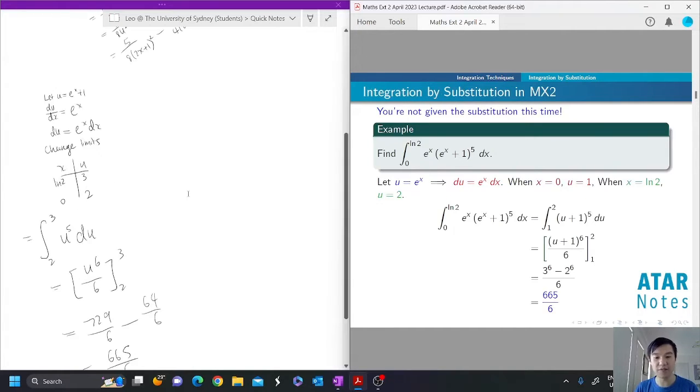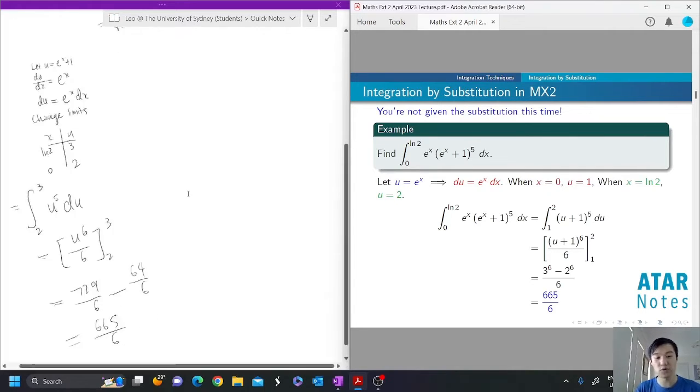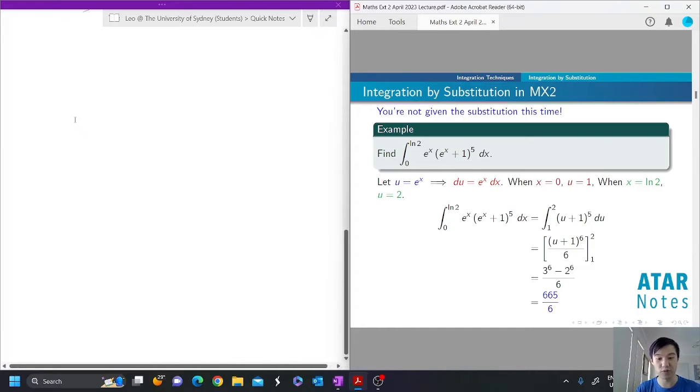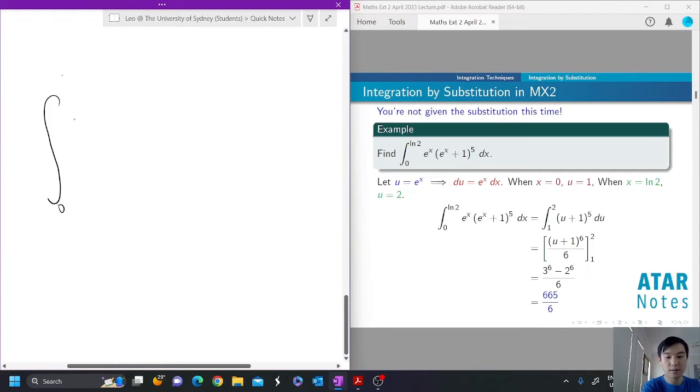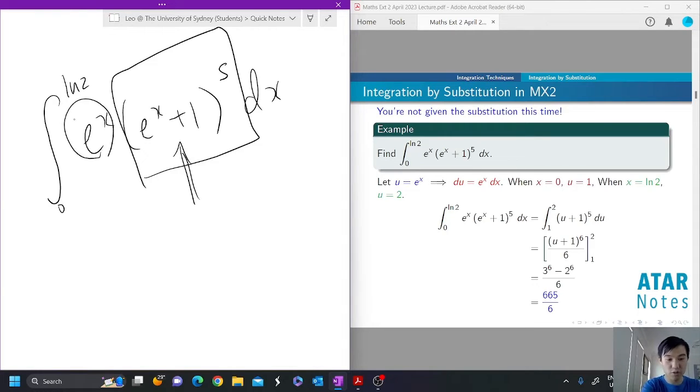But the thing is, for this question, you actually didn't need to use the substitution in the first place. If you paid closer attention, you would have realized that this is just a reverse chain rule question, because this is a function, and there's a function inside, but the derivative of the function inside is just e to the power of x, which is already on the outside.